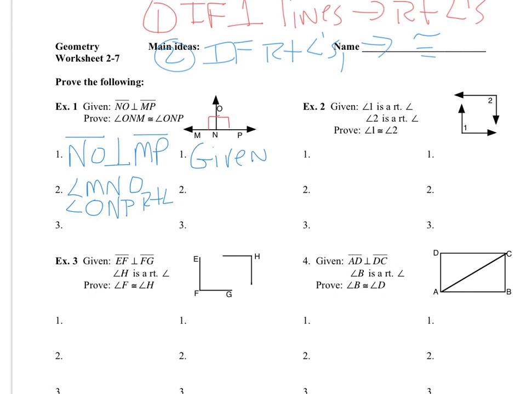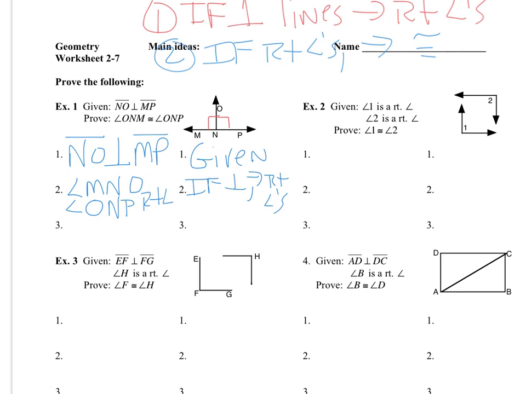And our reason will be: if perpendicular, then right angles. That's step 2. And then since we have two right angles and we've established those, we can go right to the proof.